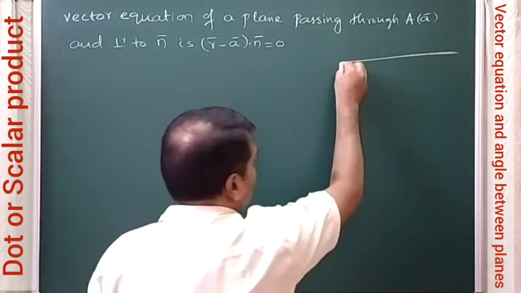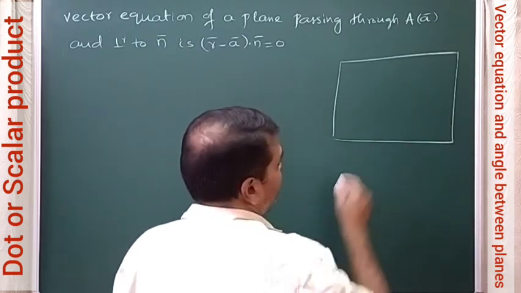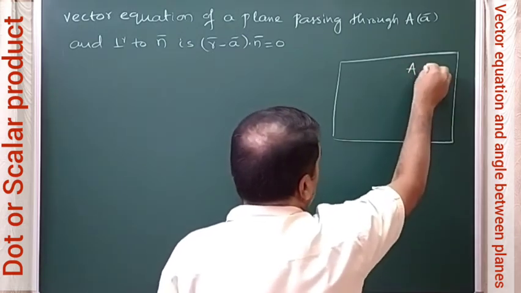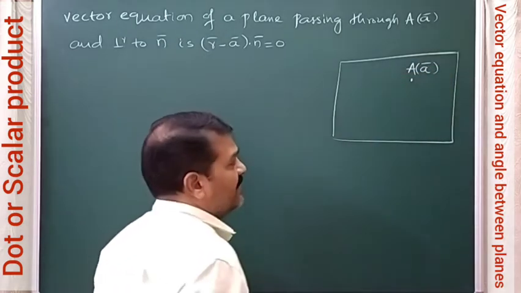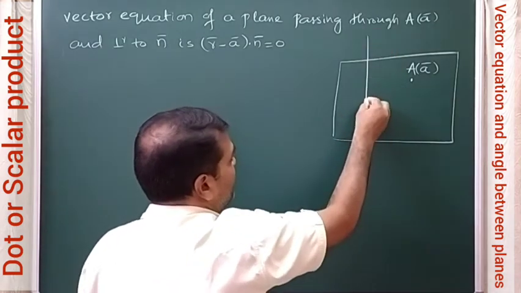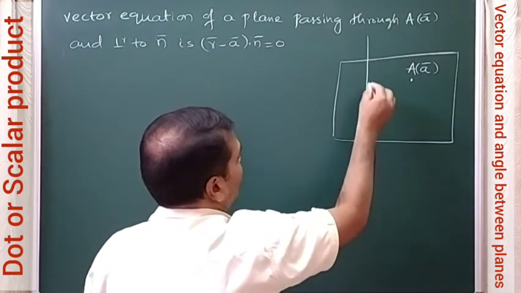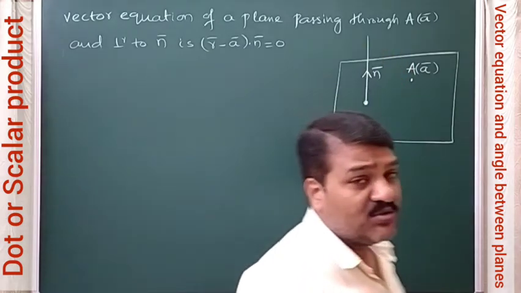So let us assume a plane like this. So this is a plane which is passing through a point capital A with position vector A bar. Let us assume this to be normal to the plane, or n bar is actually perpendicular to the plane.